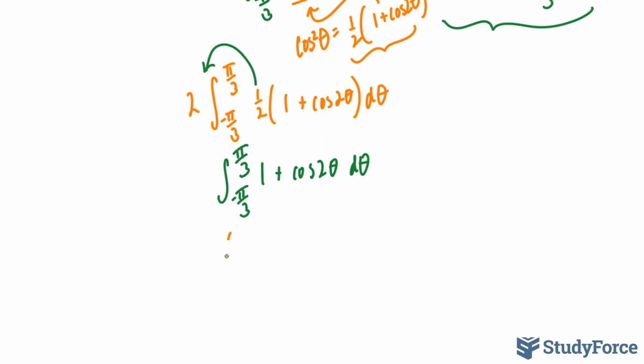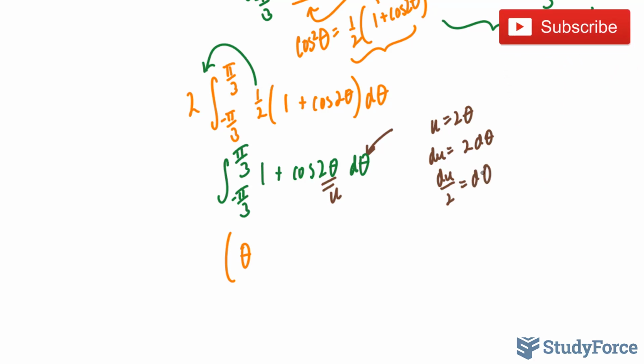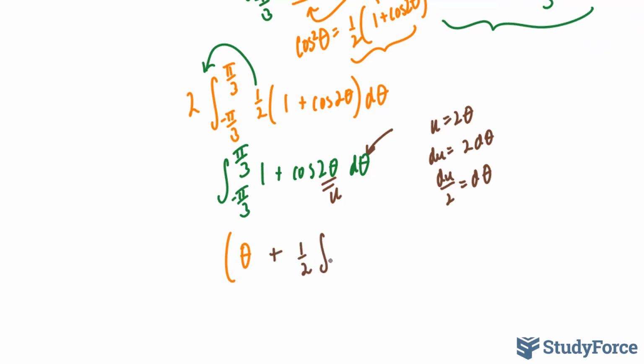We already know that. And the integral of cosine 2 theta, we need to do a u sub here, where I set this equal to u and replace this part, d theta, with, well, first u is equal to 2 theta. du is equal to 2 d theta. Solving for d theta, I have du over 2 is equal to d theta. So I'll replace this with du over 2, and I'll pull that out where I have plus 1 over 2, the integral within the same bounds, a and b.